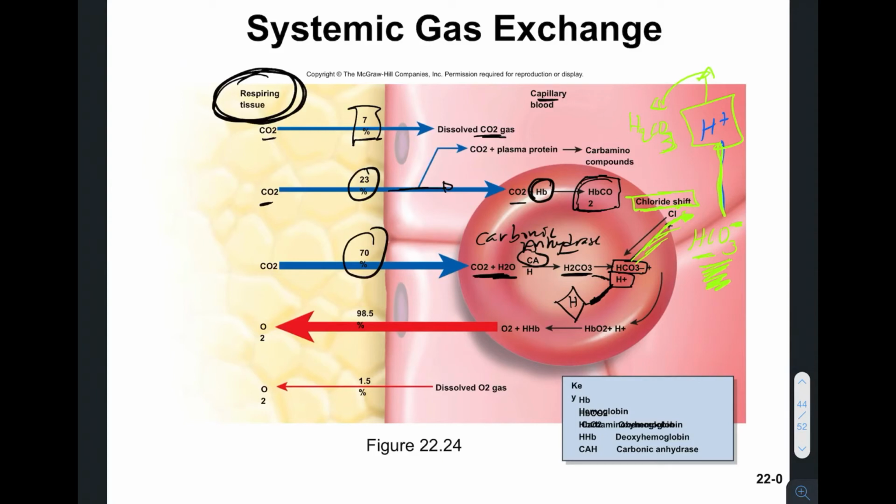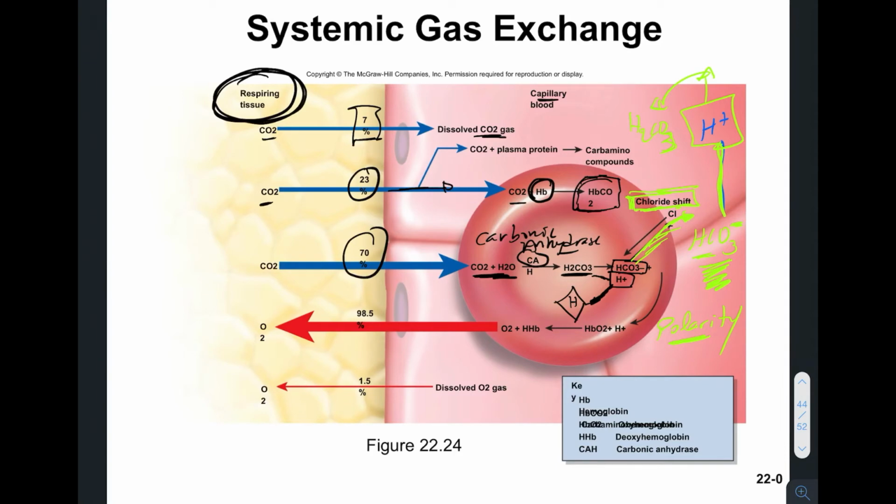What this does is it maintains the polarity of the cell. Remember that from the nervous system and the muscular system, we have depolarizations and repolarizations, which use ions, which are positively or negatively charged entities, which either flow in or out of a cell, changing the polarity. We don't want to do that in this case, and so we do this exchange called the chloride shift.